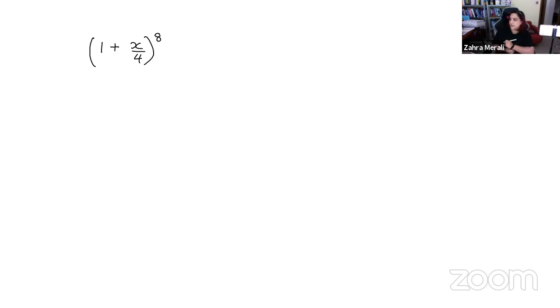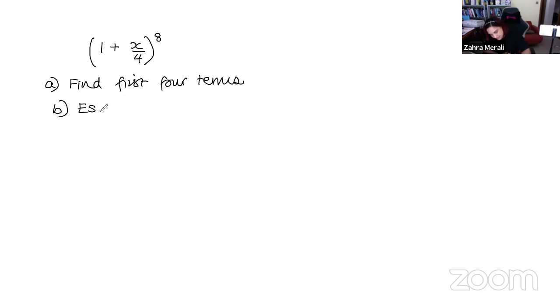Part A says find the first 4 terms, and part B says use this to estimate 1.025 to the power of 8. Okay, so we need to do part A to be able to do part B.